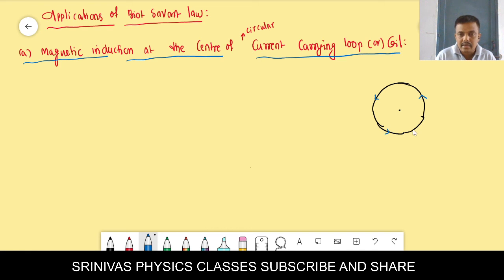It is carrying current I. And capital R we can consider as the radius.